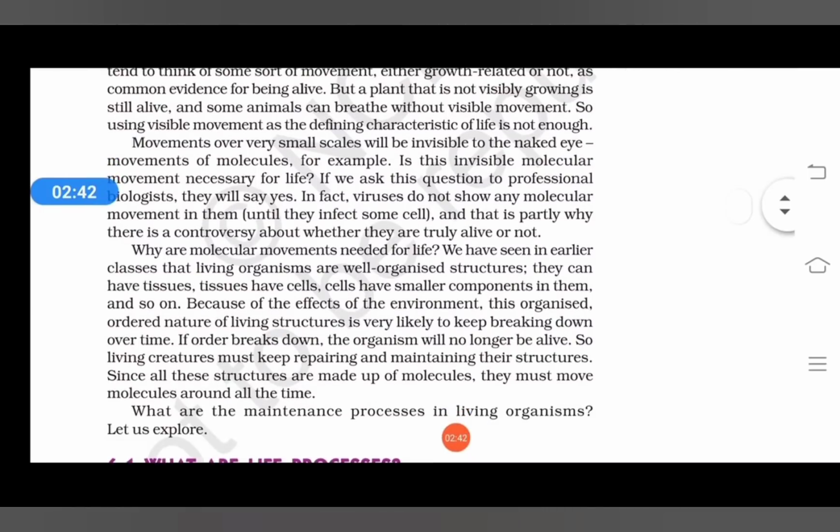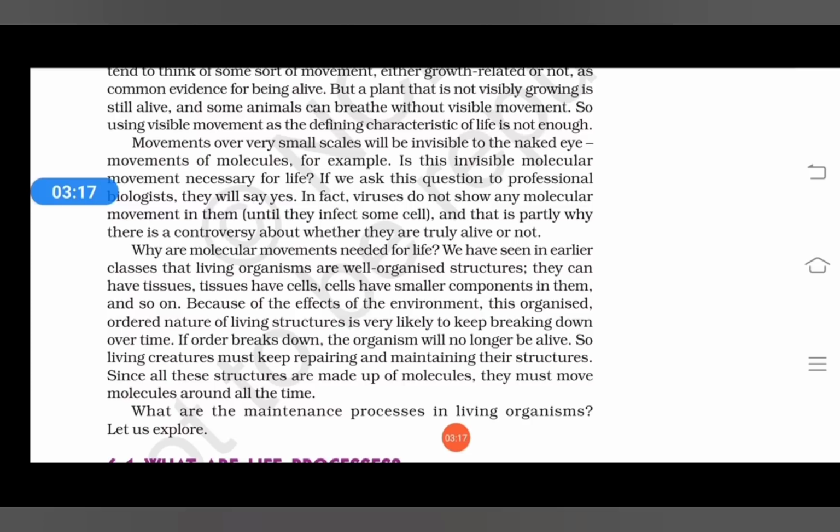Why are molecular movements needed for life? We have seen in earlier classes that living organisms are well organized structures. They have tissues, tissues have cells, cells have smaller components in them, and so on. Because of the effect of the environment, this organized, ordered nature of living structures is very likely to keep breaking down over time. If the order breaks down, the organism will no longer be alive.